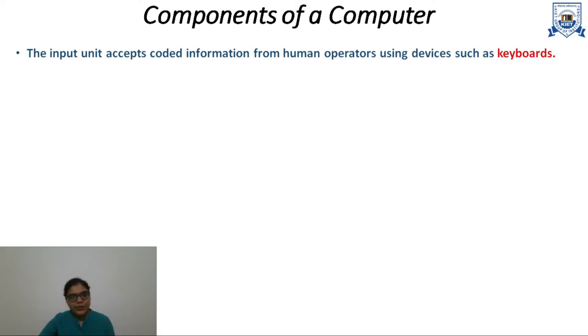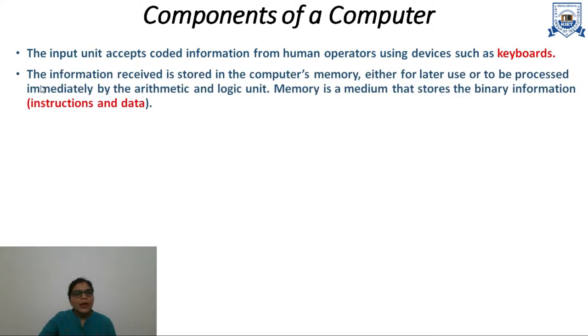Some coded information is given by the user to the computer, and the information retrieved from the user is stored in the computer's memory. So memory is a component which stores the data or information retrieved from the user, and that information can be used either later or processed immediately by the processor. Memory is a medium that stores binary information.